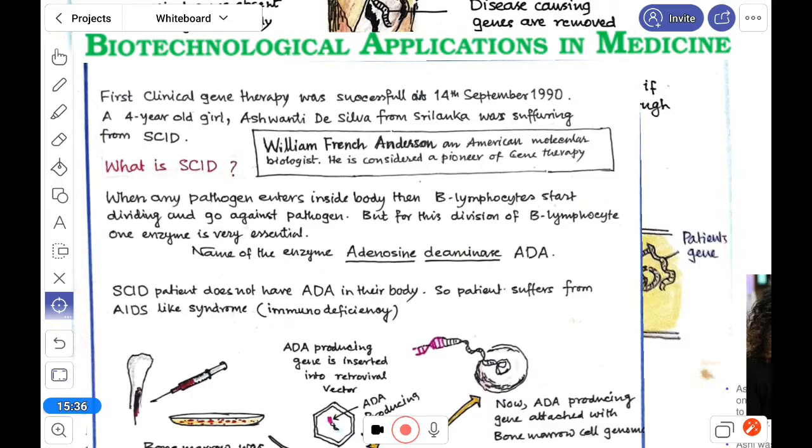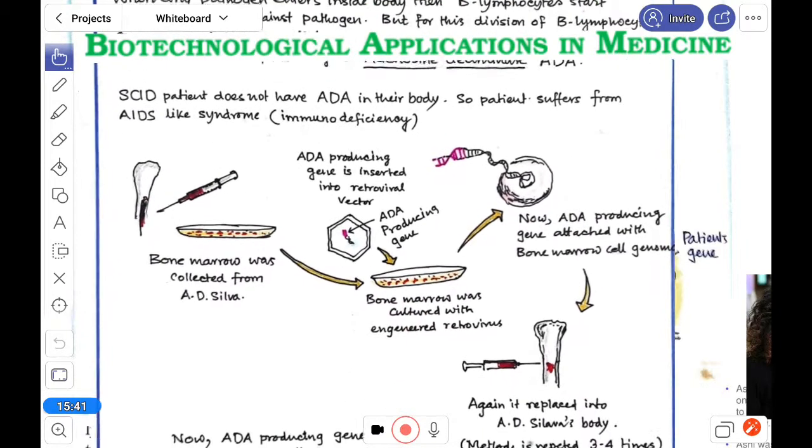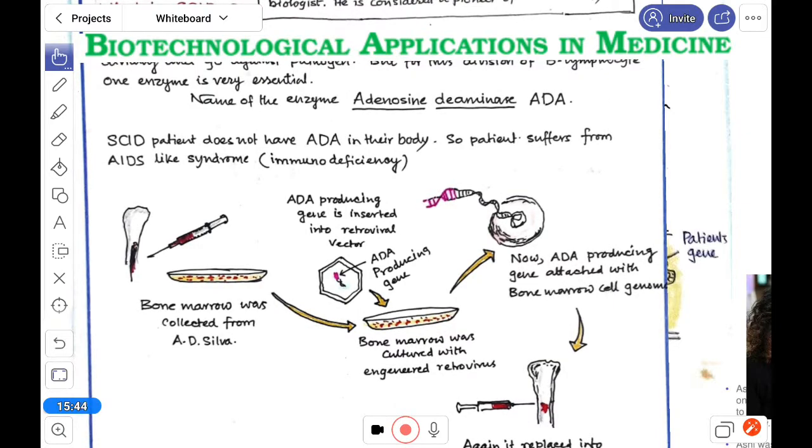Okay, so here is how it was done. Just see this part. In that 4-year-old girl, red bone marrow was collected and cultured. After that, this red bone marrow was cultured with engineered retrovirus. Already I told you this retrovirus was tagged with the ADA producing gene.